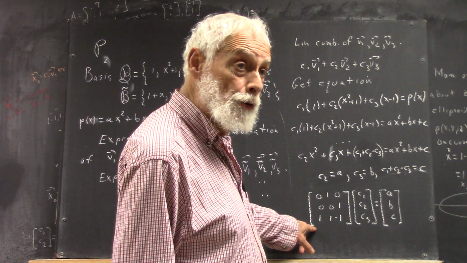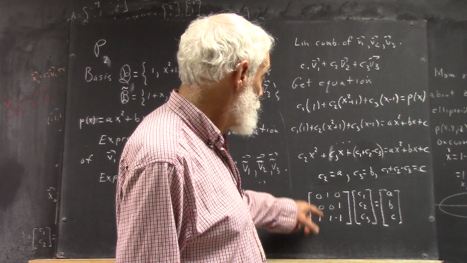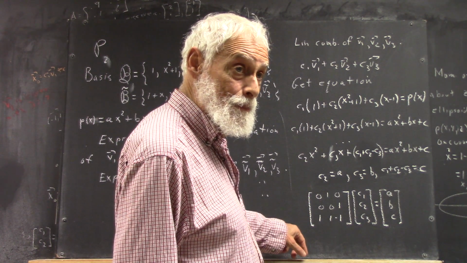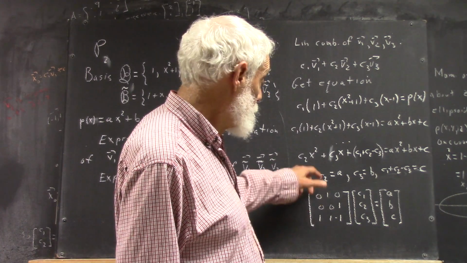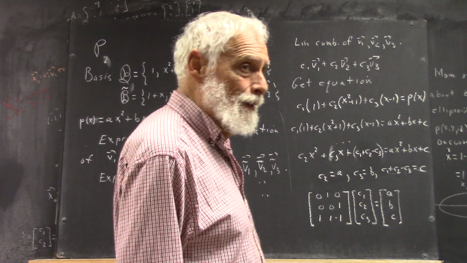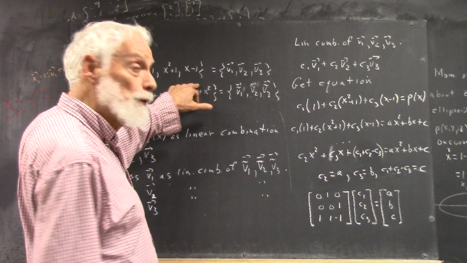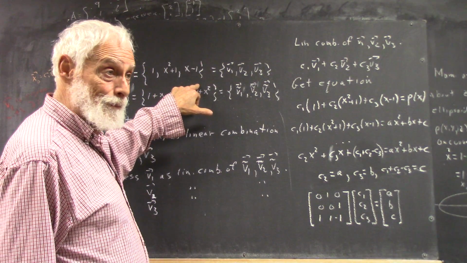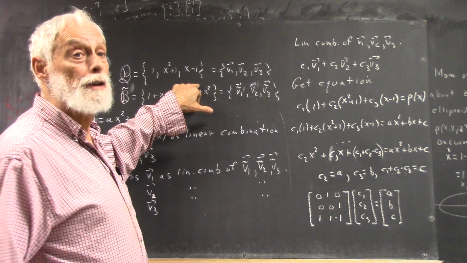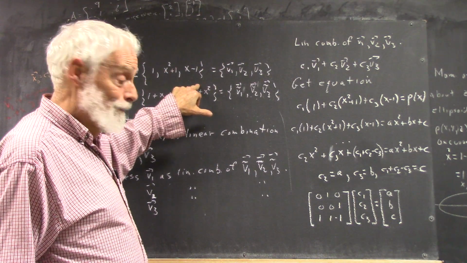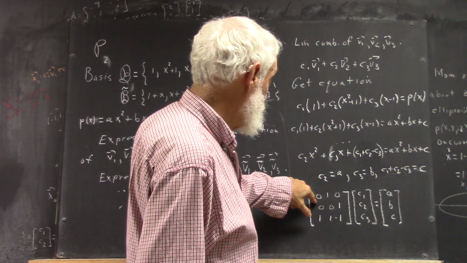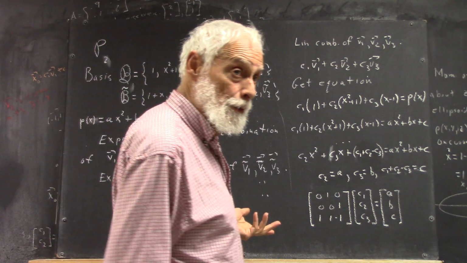Now that only works if these rows are independent, which means it only works if the columns are independent, which means it only works if these three vectors are linearly independent. Okay? So you can test linear independence by seeing whether the determinant of this thing is 0 or not.